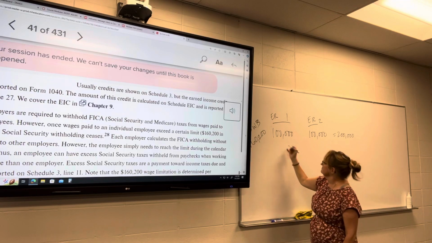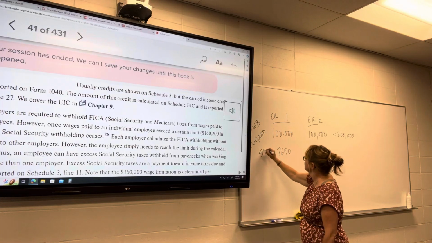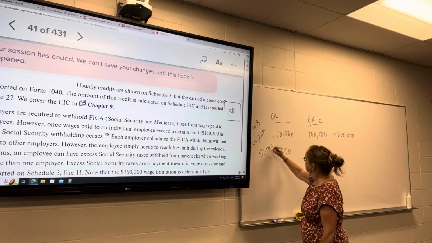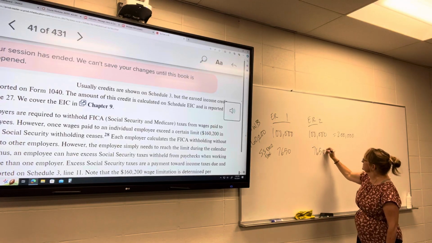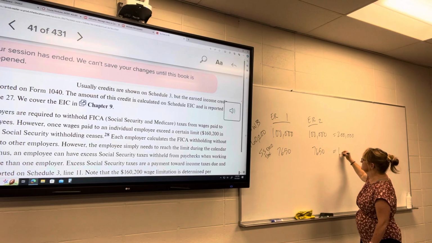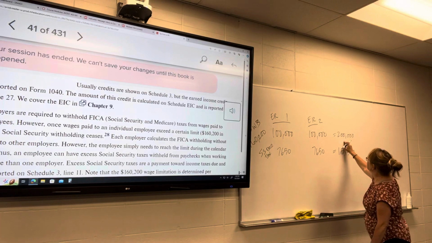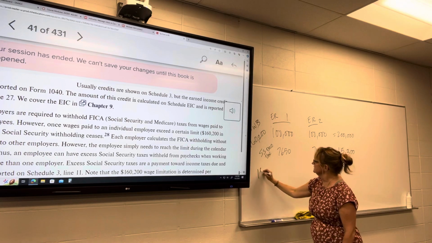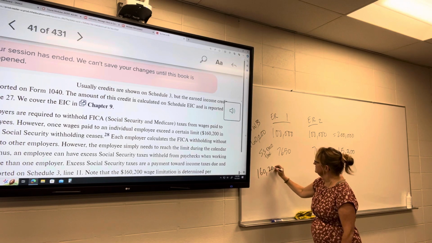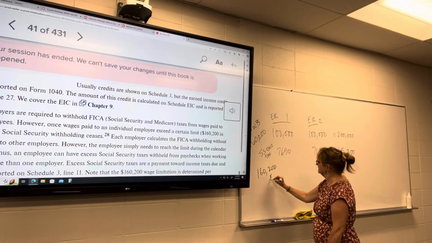So 7.65% is $7,650. This is our Social Security and Medicare tax that was withheld. $7,650 was withheld here, which gets us to $15,300. However, our Social Security tax that we should have paid, that we were liable for, was $160,200 times 7.65%.